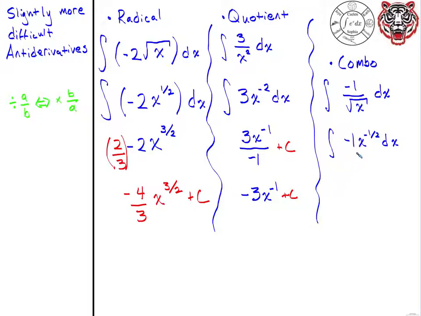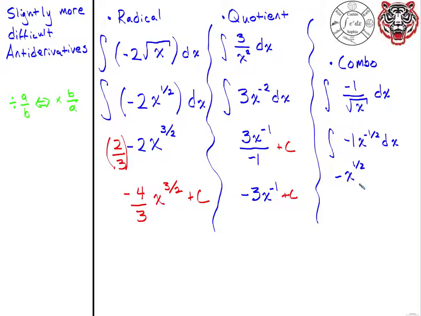All right, so from here, what do I do? Add 1. So I have my negative 1x, I guess I can just write negative x to the power of 1/2. Do we all see that? Yeah. All right, and then what am I going to divide by? 1/2.